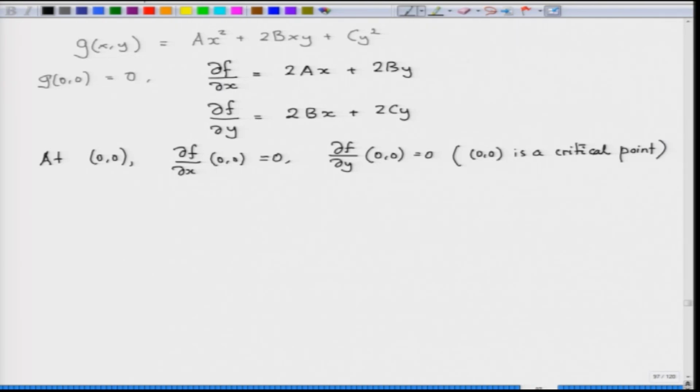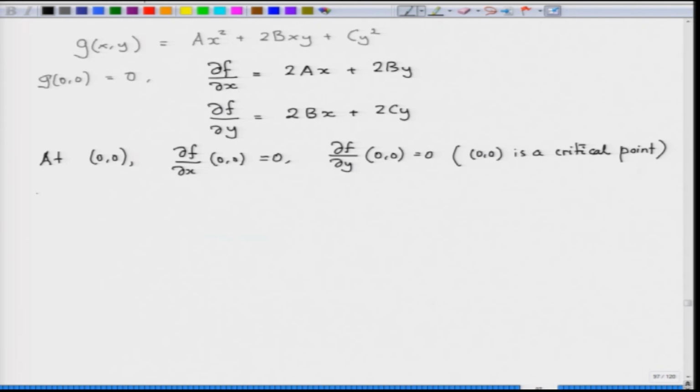So, once you know this fact, we have to do some more work. I have not told you that 0 0 is the only critical point. But it is good if I have 0 0 to be the only critical point, that makes it much easier. So, what is the condition under which 0 0 is the only critical point.